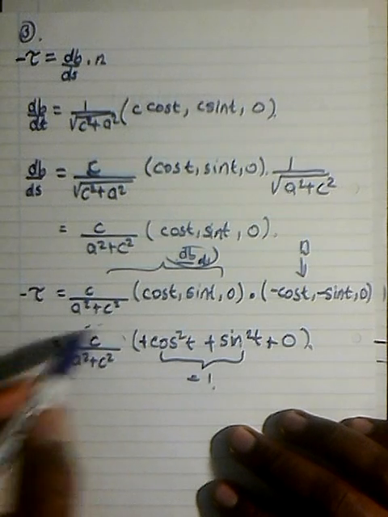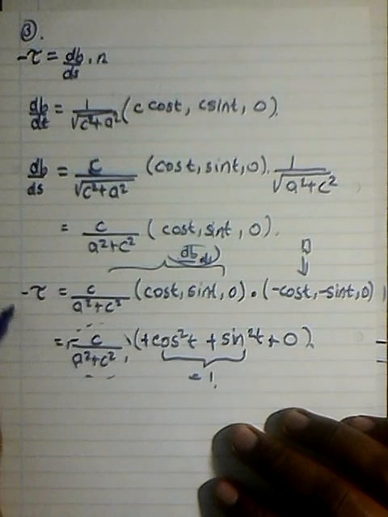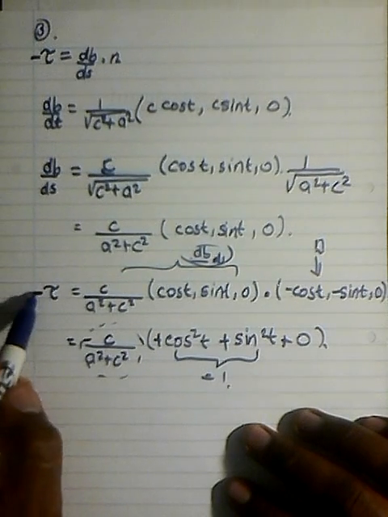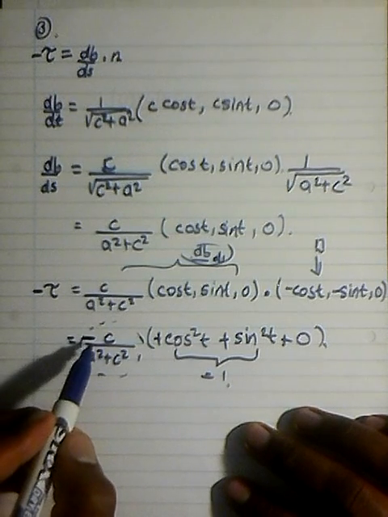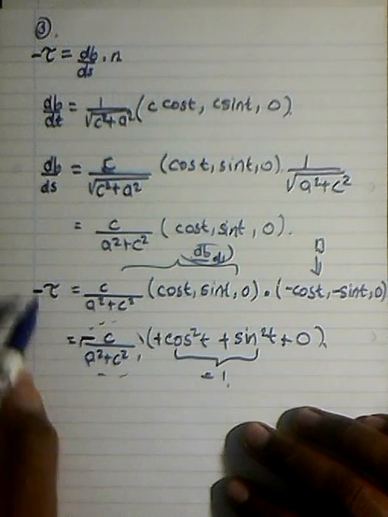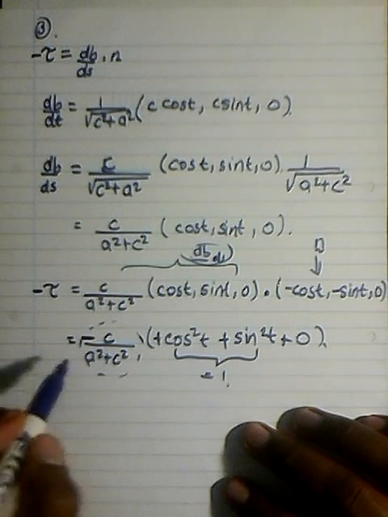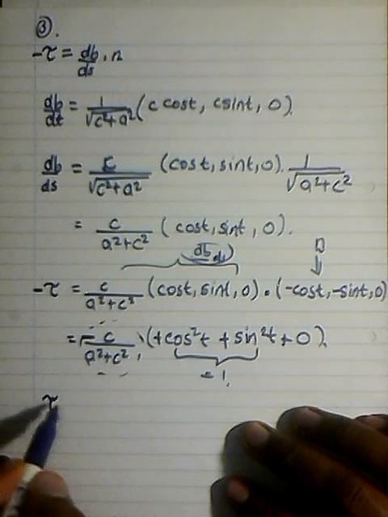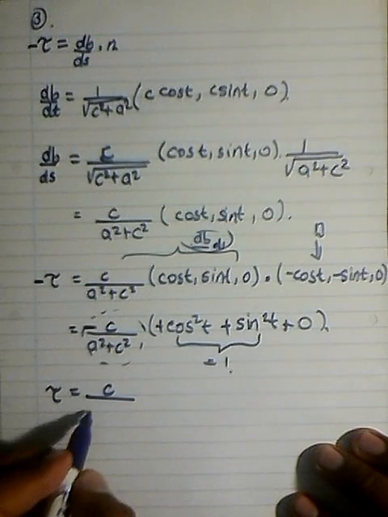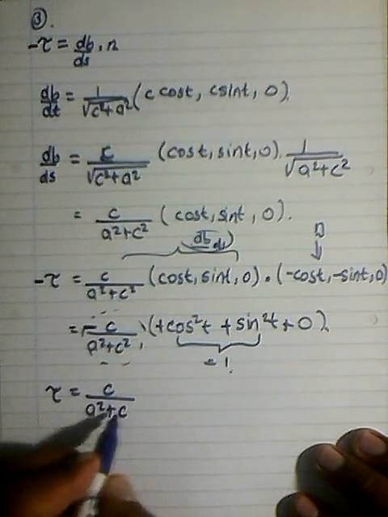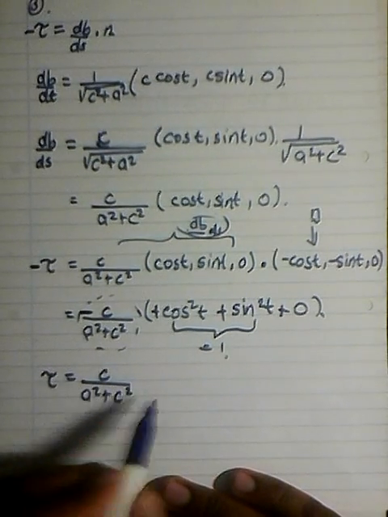Next to torsion we have the negative sign, and this fraction also has a negative, so you can multiply both sides by -1 to get torsion equal to c over a squared plus c squared.